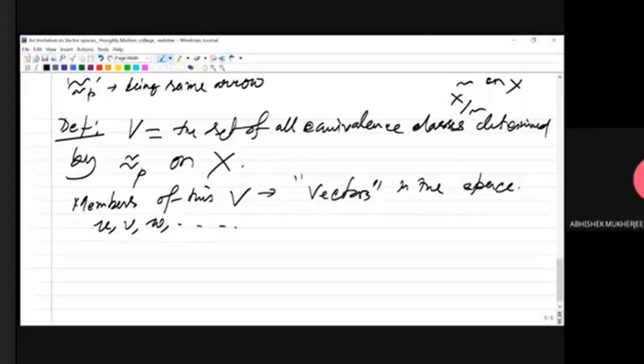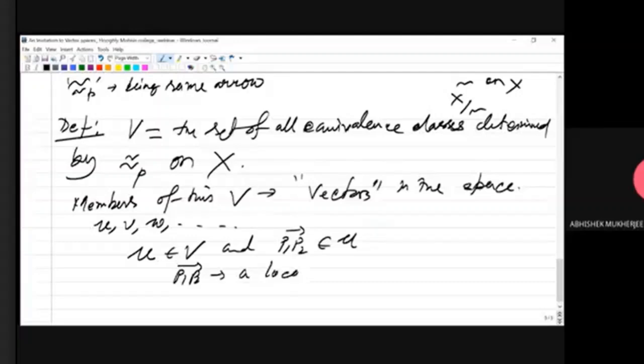So if you consider a vector u in V and an arrow which is sitting in u, then this P1, P2 is called a localization of the vector u, right? Now, how could you define the zero vector?